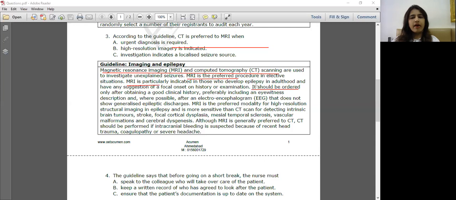So MRI is ordered when the clinical history and eyewitness description is there, and when you also have an electroencephalogram that does not show generalized epileptic discharges, which means if it is not generalized, it is localized. So here you do have an option which says a localized seizure source, but that's about MRI.